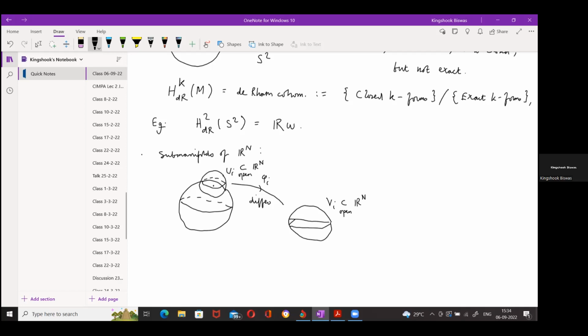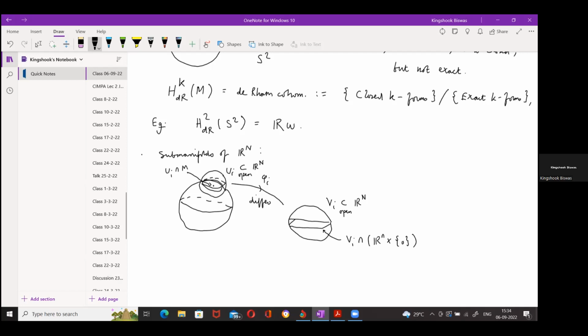So this cap here is U_i intersect M, and this here is V_i intersect R^n cross 0.